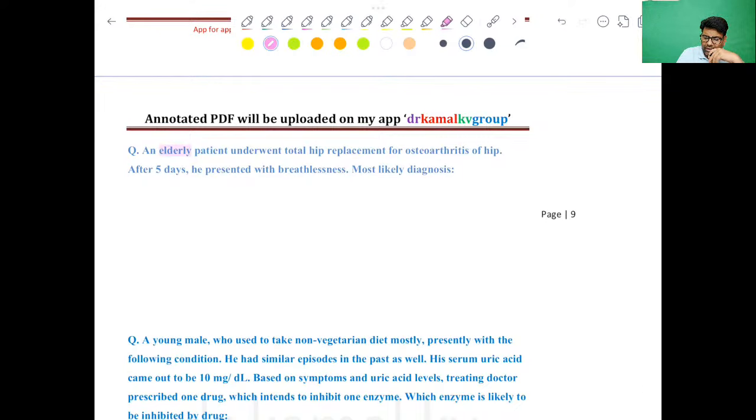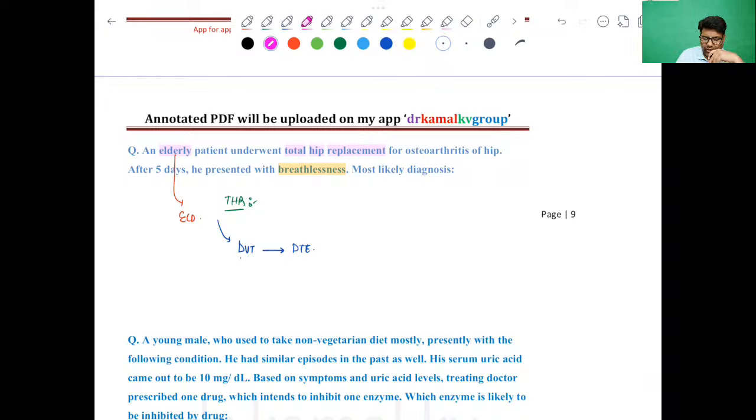Then moving forward, an elderly patient underwent THR, that is total hip replacement, and this was done for osteoarthritis of the hip joint, but later on she developed breathlessness. Now, one of the complications with long duration surgeries, especially in elderly, is the possibility of DVT, which can lead to pulmonary thromboembolism, right?